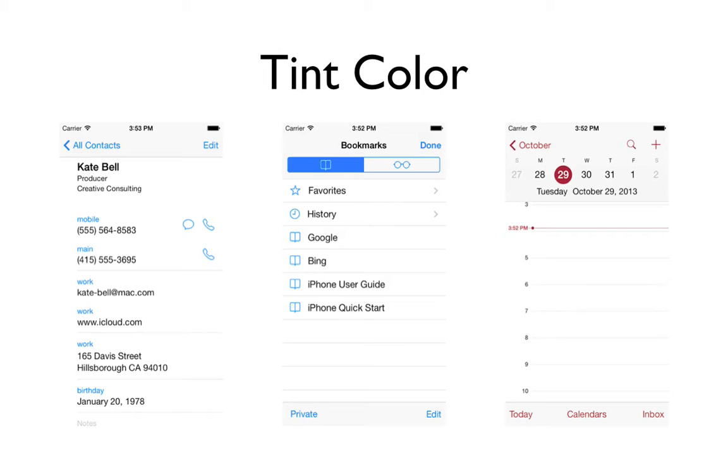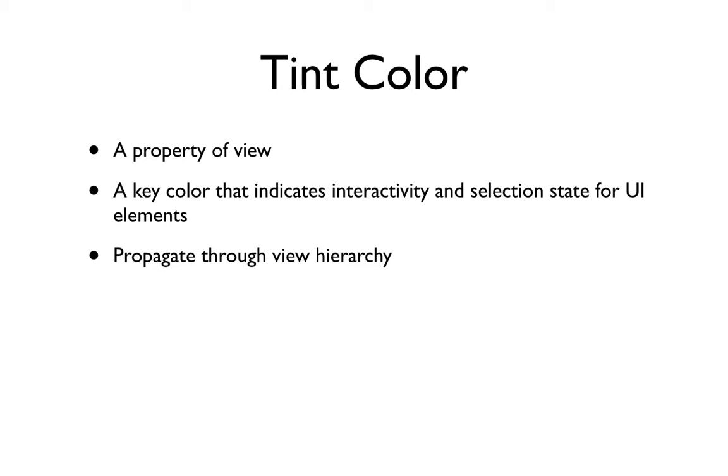The tint color is a property or attribute of the view. The titles, labels, buttons, navigation bars, and tab bars all have a tint color, and the whole screen, the window, also has a tint color. If we set the tint color, let's say in the window, the setting will propagate through the view hierarchy.